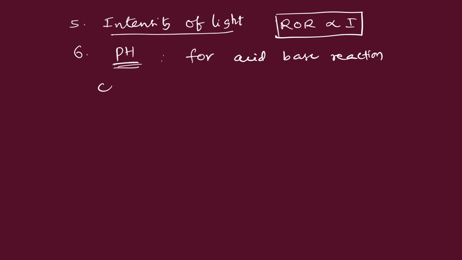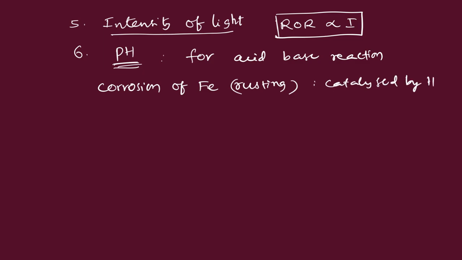Now, one example I will give for this pH. We know that corrosion of iron is called rusting. Rusting is catalyzed by H plus ion.